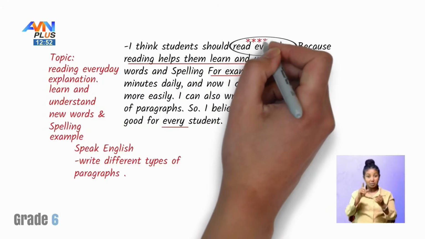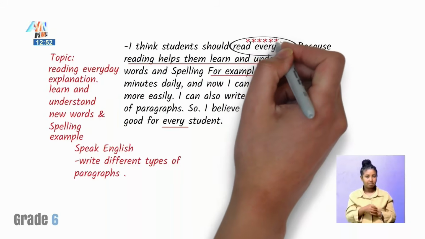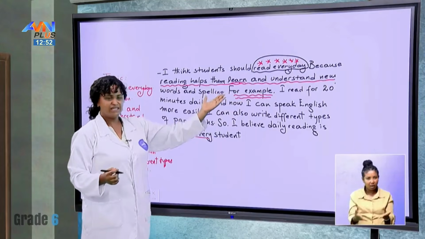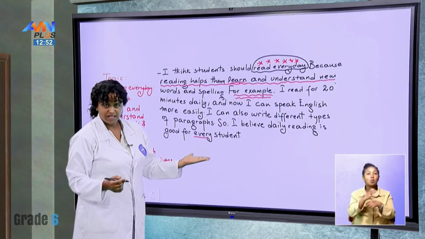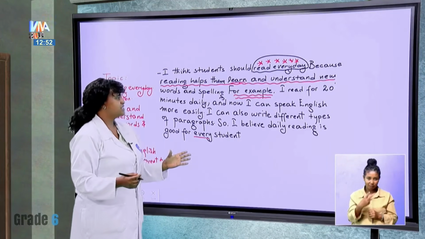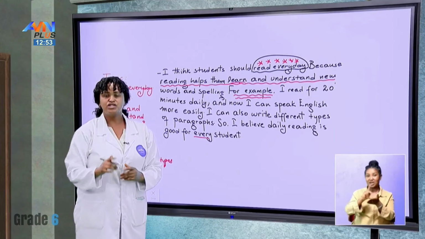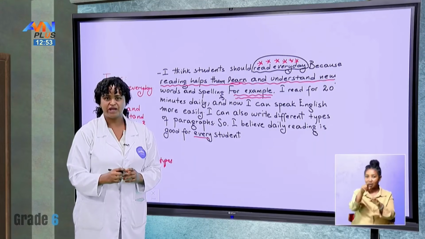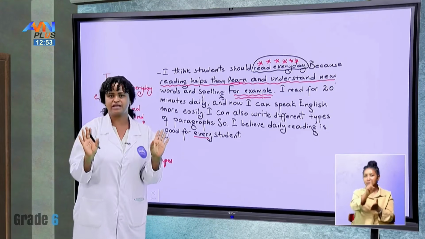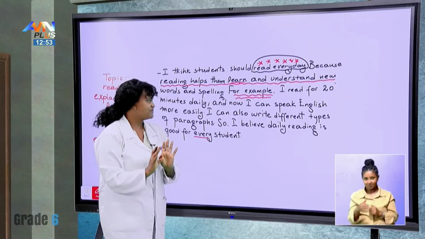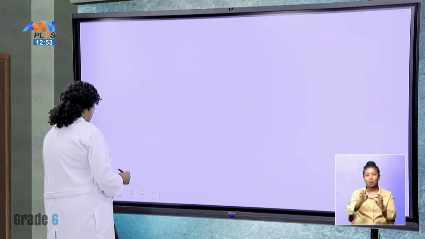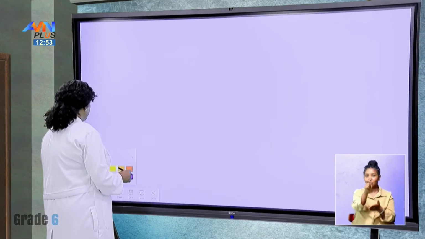You see, he is giving more examples, explanations, and he concludes his lesson. You see, this is how we call an argumentative paragraph. Now it's your turn to write an argumentative paragraph. So let me show you a simple technique, all right? A very simple technique of writing an argumentative paragraph.